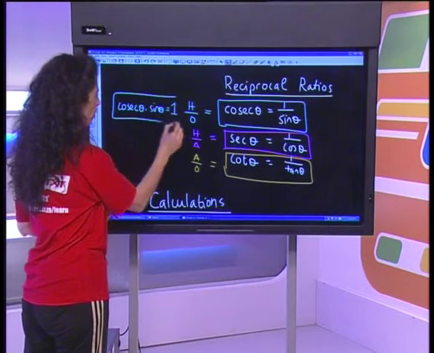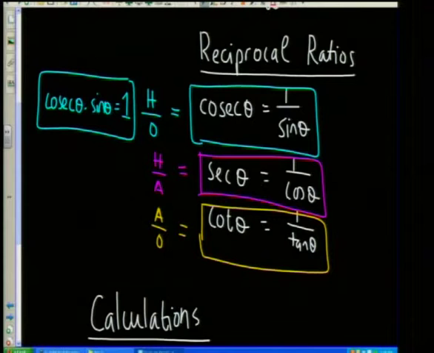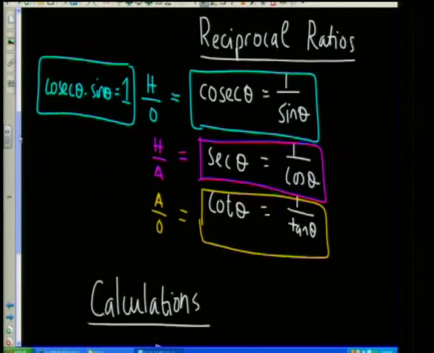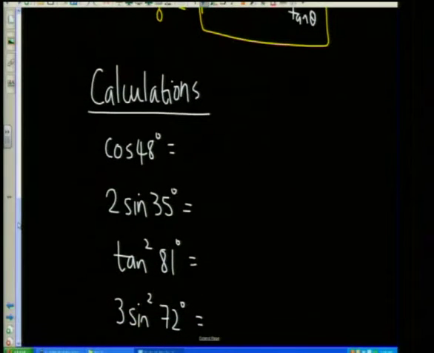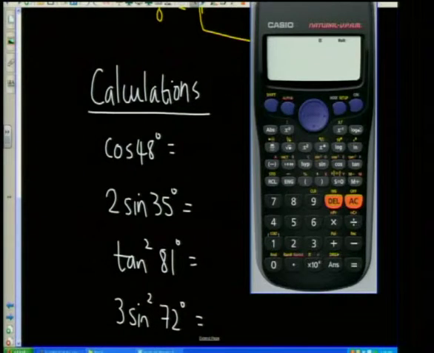So it's just rearranging this equation, multiplying across by sine theta, which is equal to 1. Right, in terms of calculations, what does cos 48 degrees give us? For that, your calculator works quite well, just from left to right.